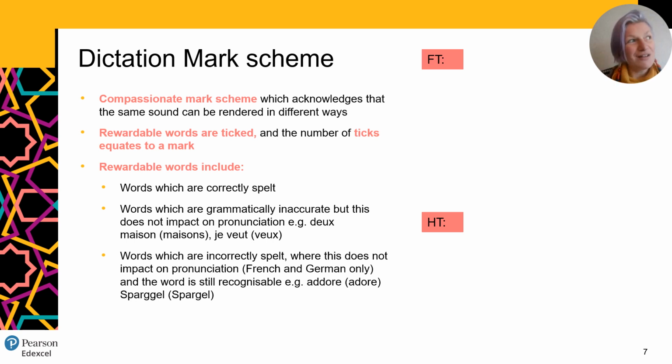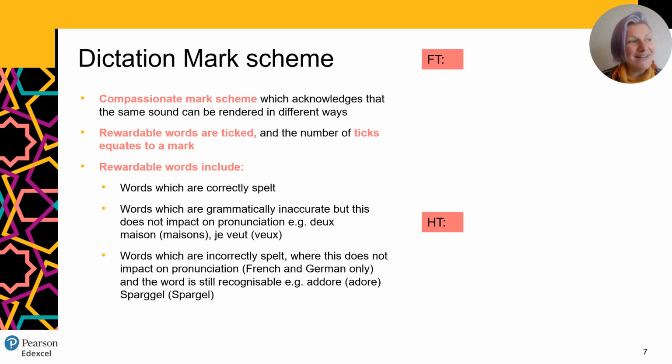Now, I think it's probably worthwhile thinking of that as a safety net. If I was marking dictations in the process of teaching and learning, and students were making grammatical mistakes such as this, I might not tick it because I don't want them to think it's fine to write whatever, because in the writing exam it's not fine to write whatever. And also, of course, overall we want them to be communicating accurately, and we want them to be conjugating correctly where they need to do that.